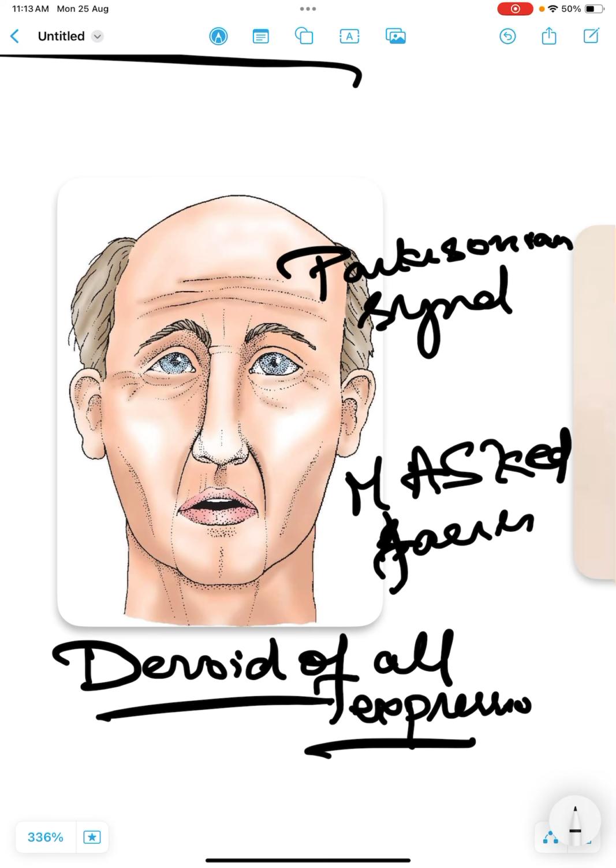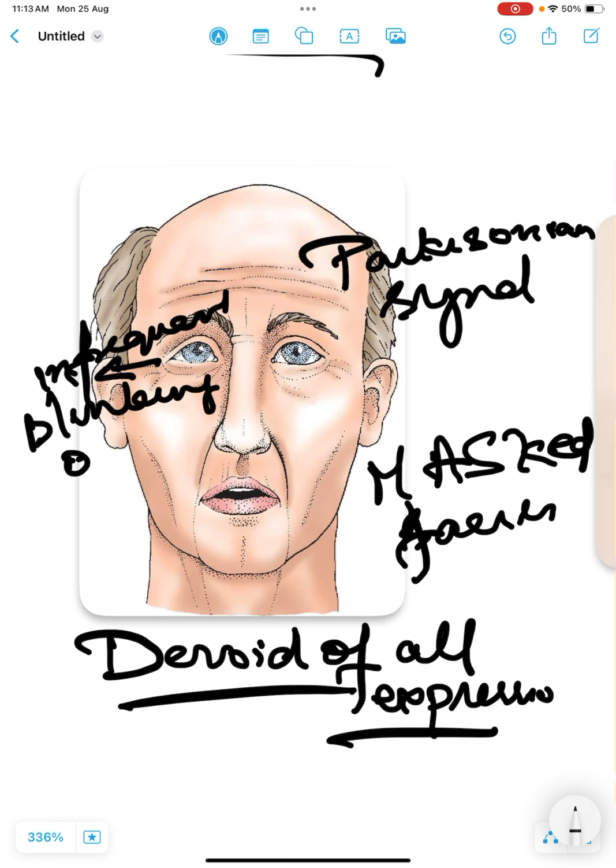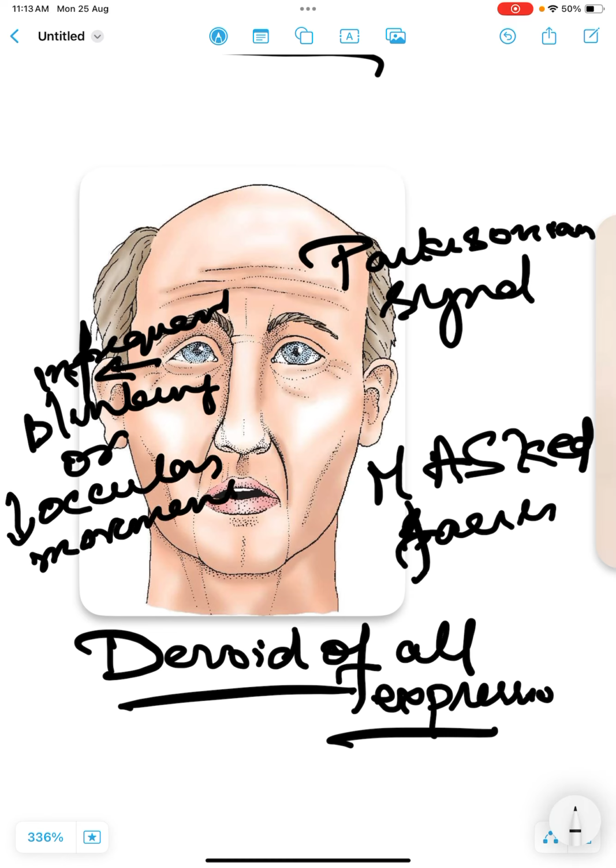What is the feature of masked faces? Look at the eye. It is having an infrequent blinking, and there is lacking ocular movement.